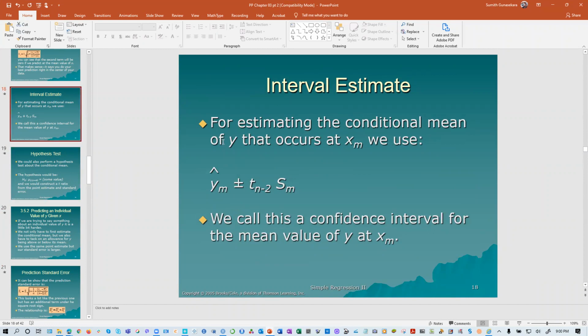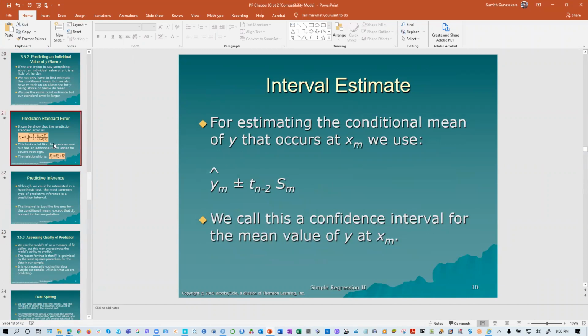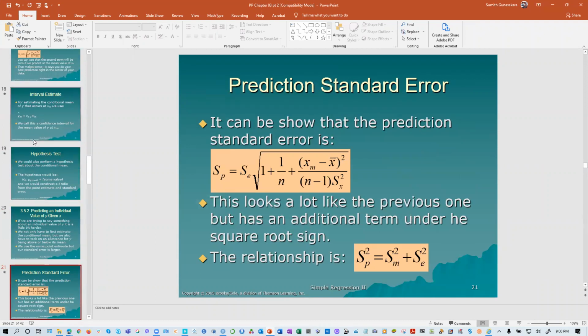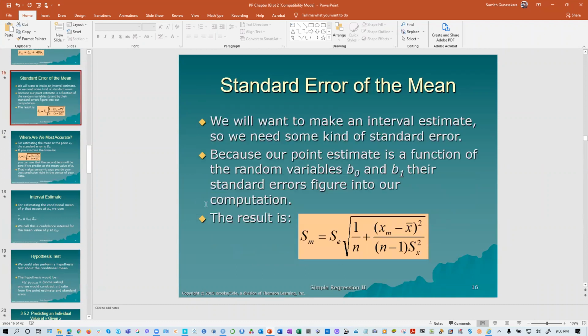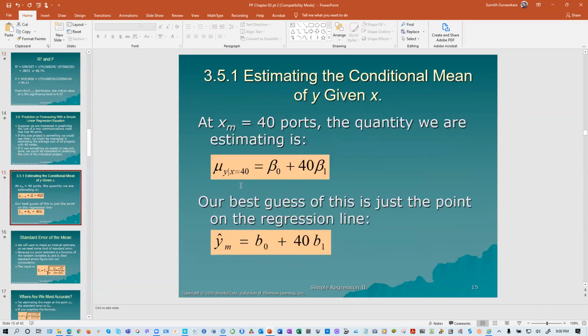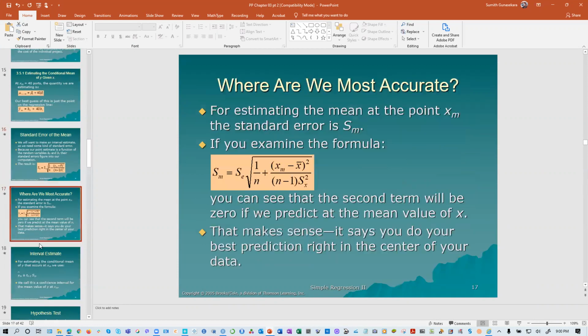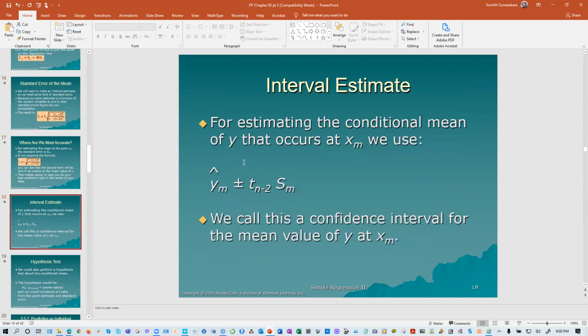The only thing is the SM, which changes by changing this one. Earlier you wrote it like this.